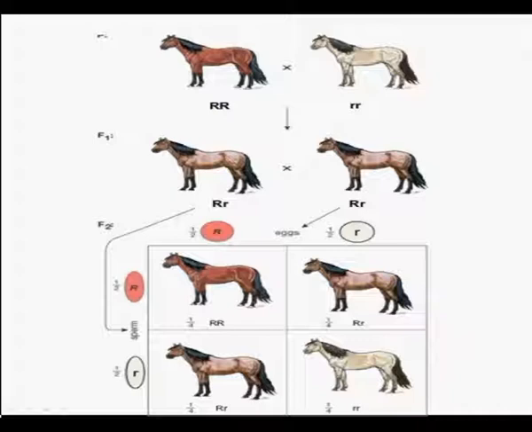But this is another concept, called codominance. This capital R will show its own dominance, and this small r, though recessive, will also show its dominance. So both alleles show dominance, one alongside the other. We get the F1 individual, capital R, small r.